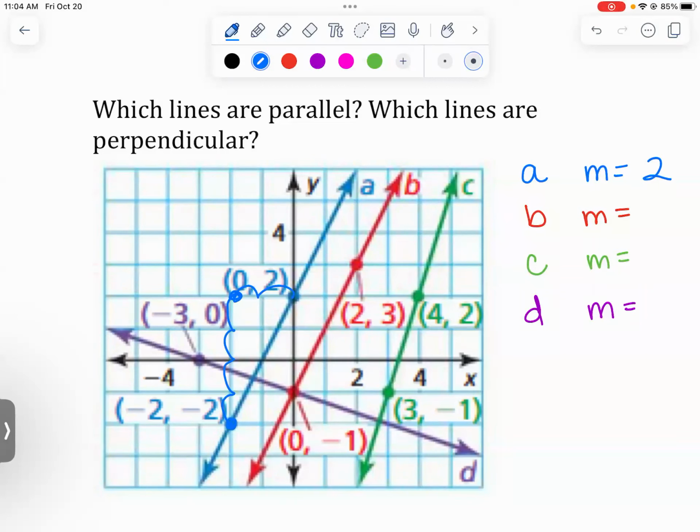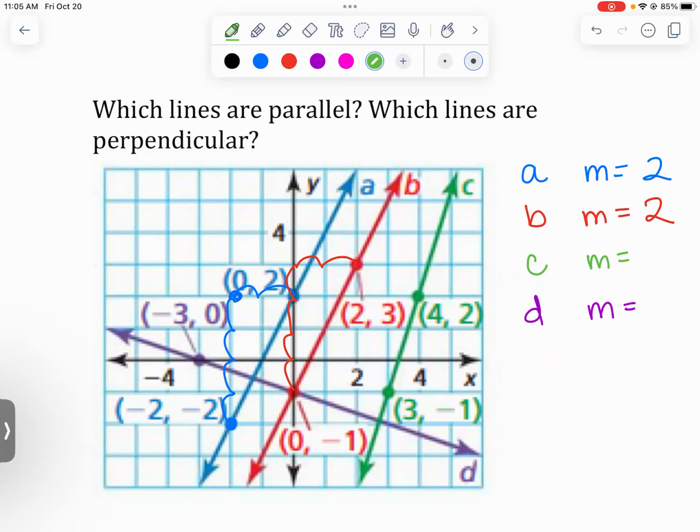Our slope is 2. Oh, I did that wrong. Ben, what is the slope of line B? Go up 1, 2, 3, 4, and then over 2. A and B are parallel. What is the slope of line B? 2. Thank you.